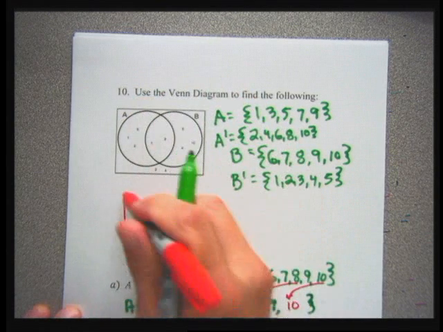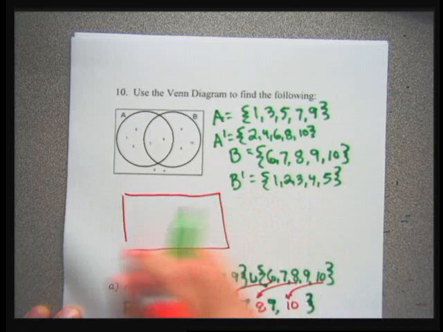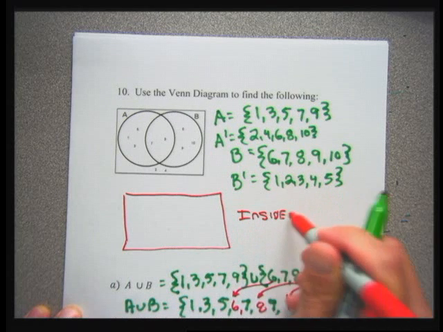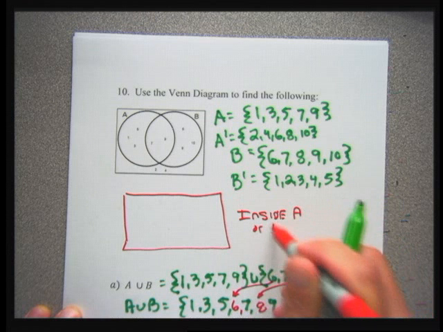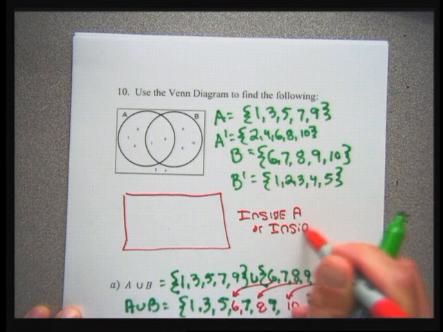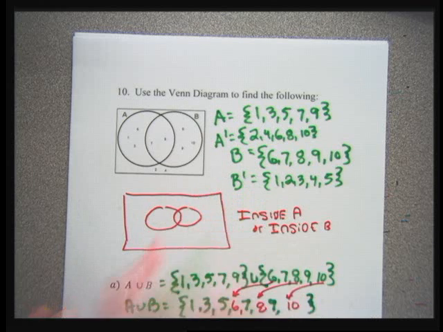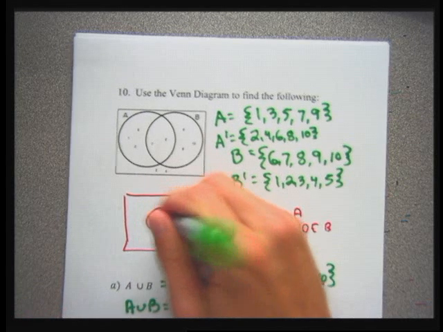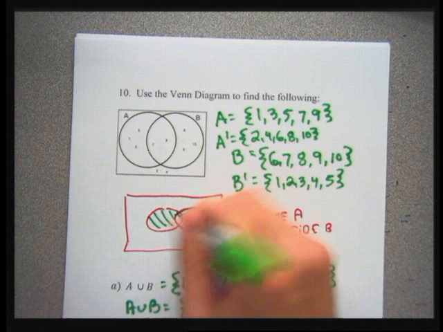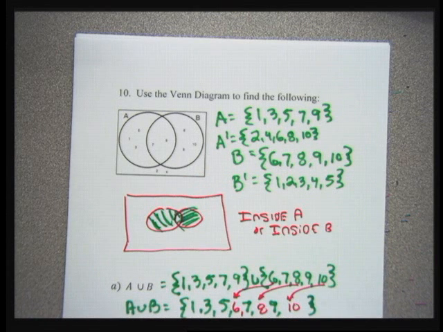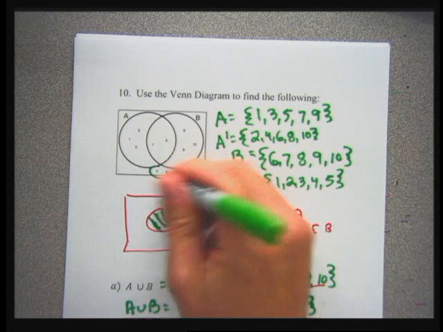Pictorially, it's anything that's inside the A circle or inside the B circle. So it's basically anything that's not outside the circle. So pictorially, A is this whole circle, B is that whole circle, and I want to be inside the A circle or inside the B circle, or both. The only thing it's excluding are the numbers 2 and 4.